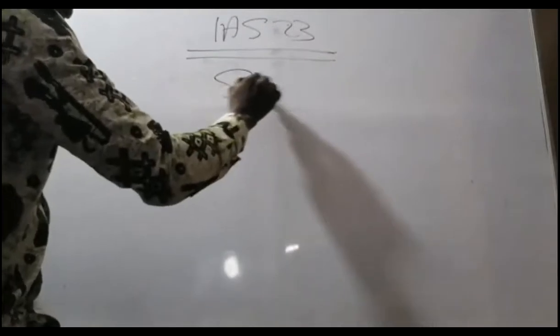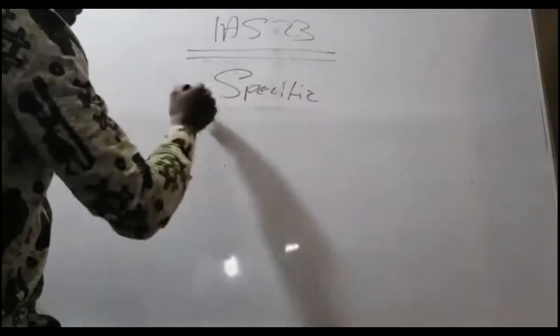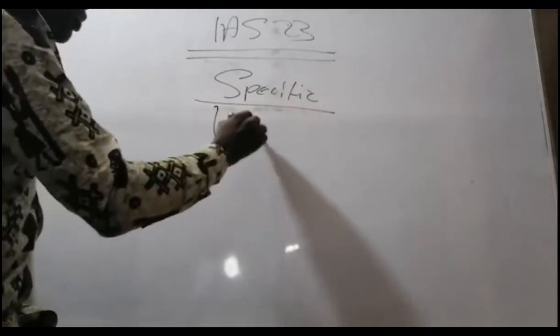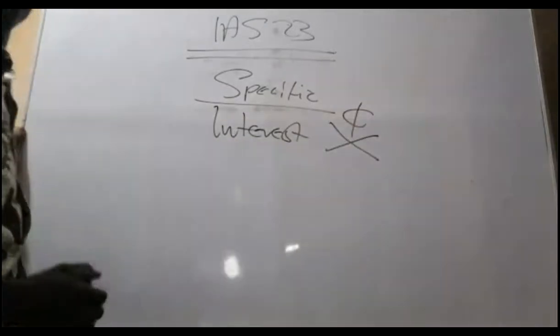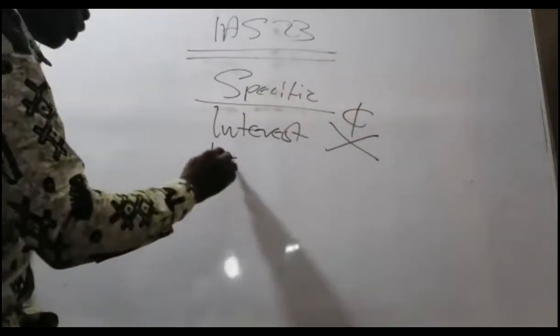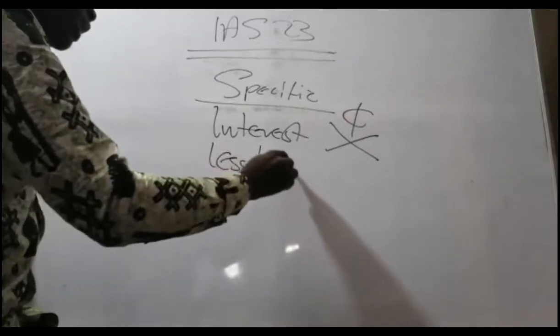I hope you know the formula, right? Okay, let me give you the formula. For the specific, if you want to calculate the borrowing cost eligible for capitalization, start by saying the interest. Bring the interest here, so much. Then less what we call investment income.